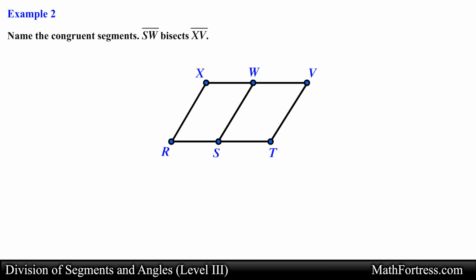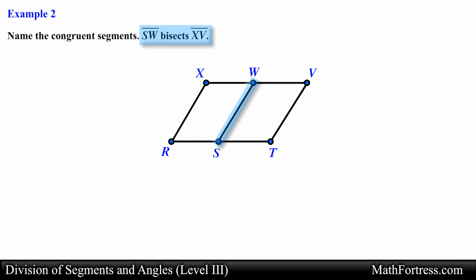Alright, let's try the next example. Name the congruent segments. Segment SW bisects segment XV. In this problem, we are also asked to determine which segments are congruent given that segment SW bisects segment XV.